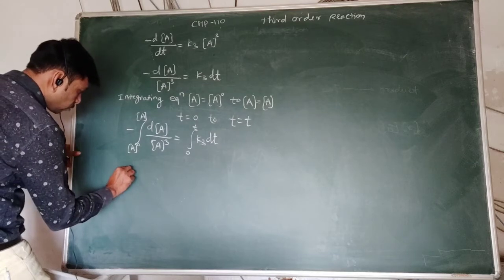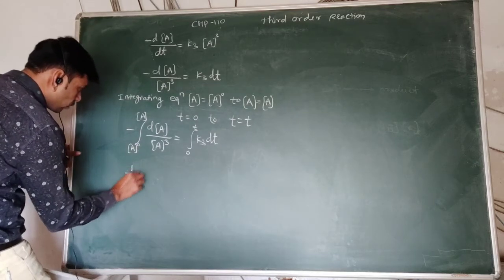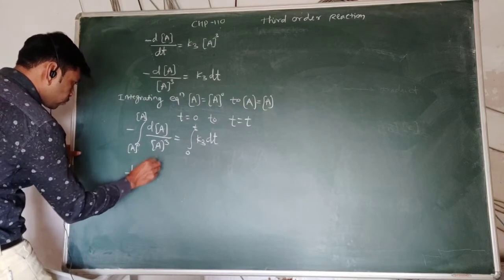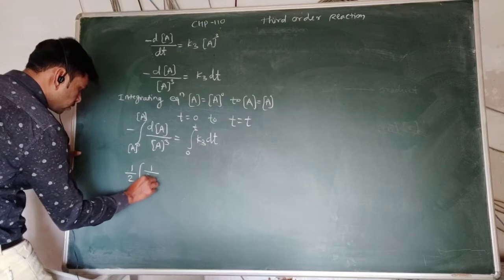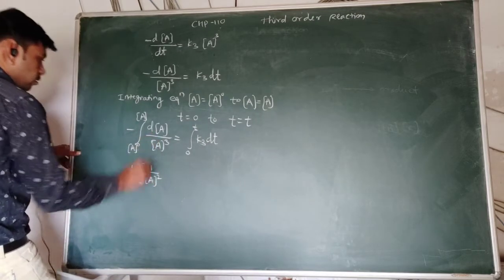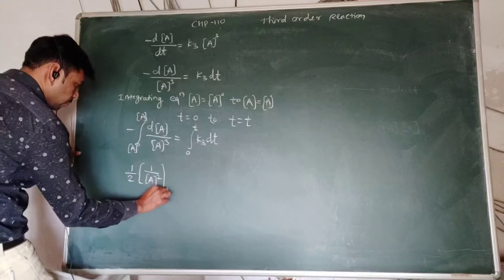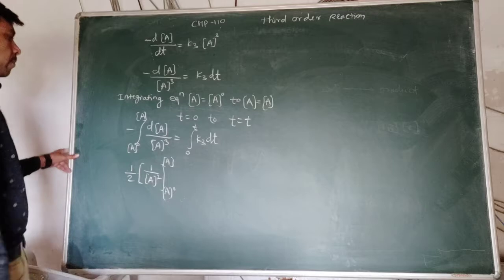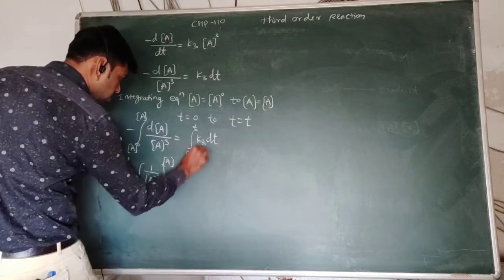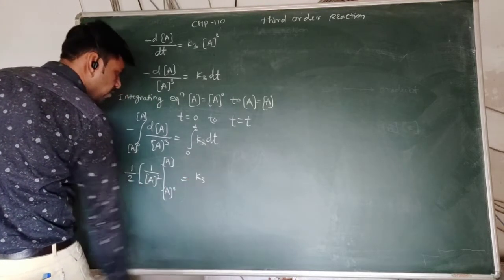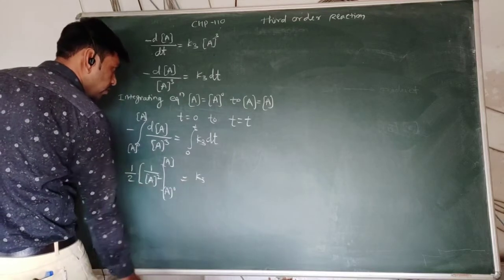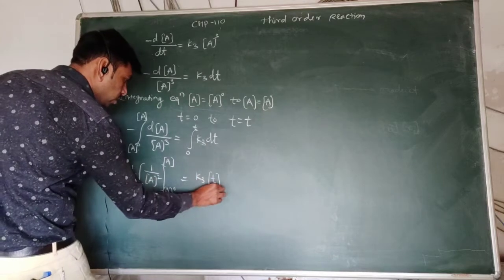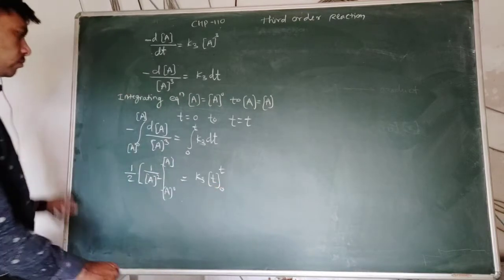By integrating this equation between these limits, we get the solution: 1 upon 2 into 1 upon concentration of A square, from limits A0 to A, equals K3, which is a constant so it remains as it is, and the integration of dt is t from 0 to t.